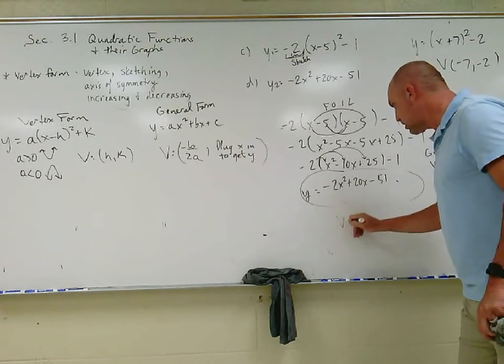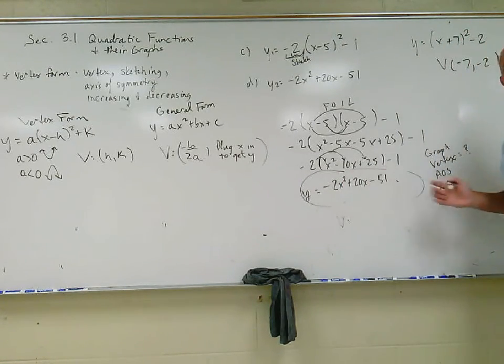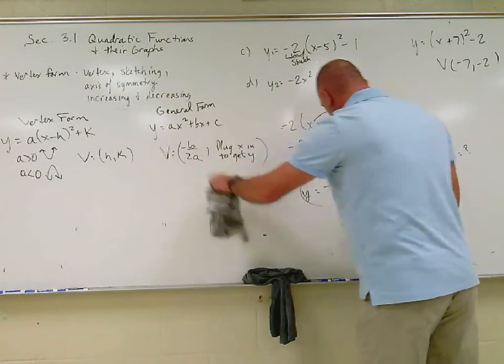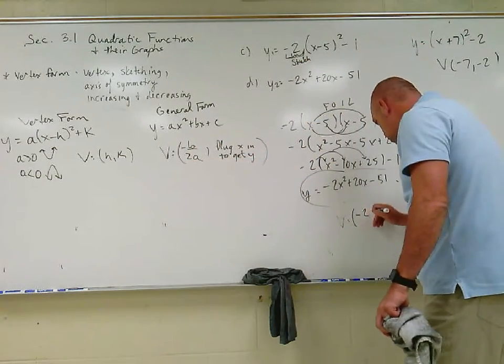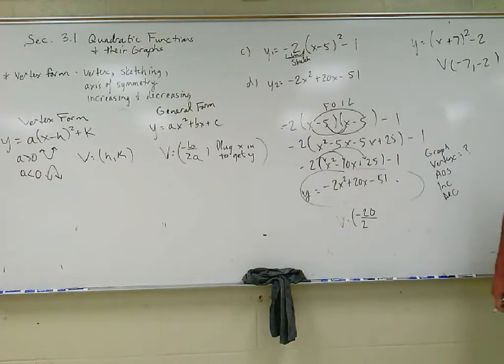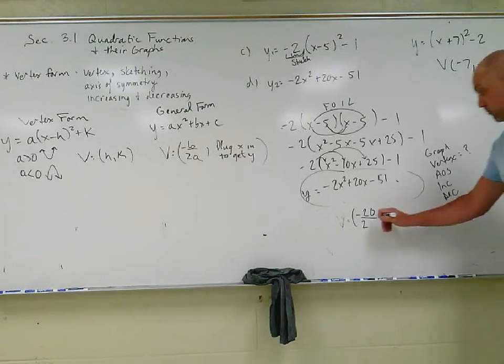To get the vertex, which of these numbers is b? The middle number, the 20. So it says do -b over 2a, so -20 over 2a. What number is a? -2.